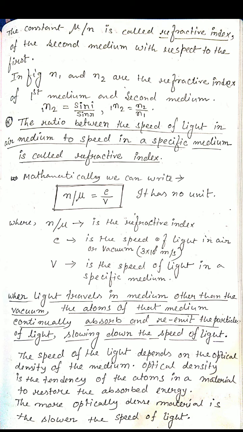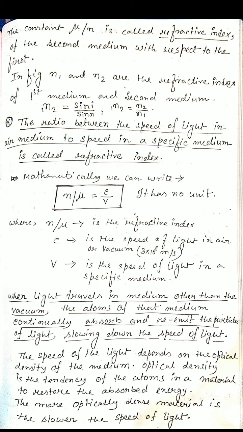That means if the medium is optically denser, the speed of light is slow, and if the medium is optically rarer, the speed of light is maximum. Now in the expression n equals c by v, c is a constant and its value never changes, but v changes from medium to medium. So taking c as constant, n is proportional to 1 by v.